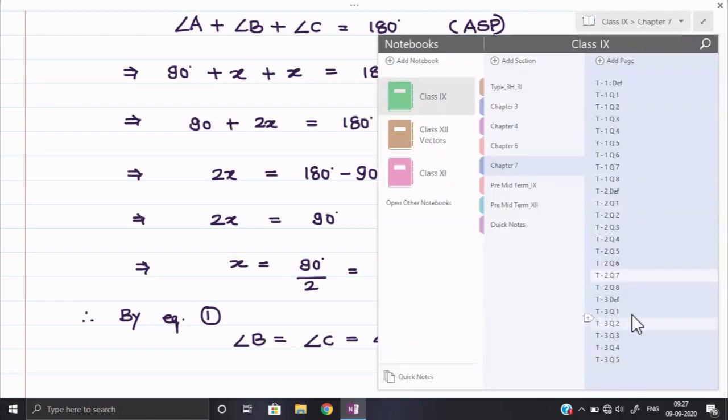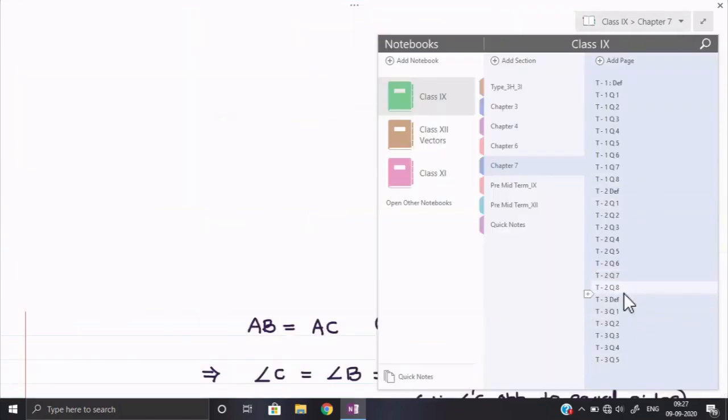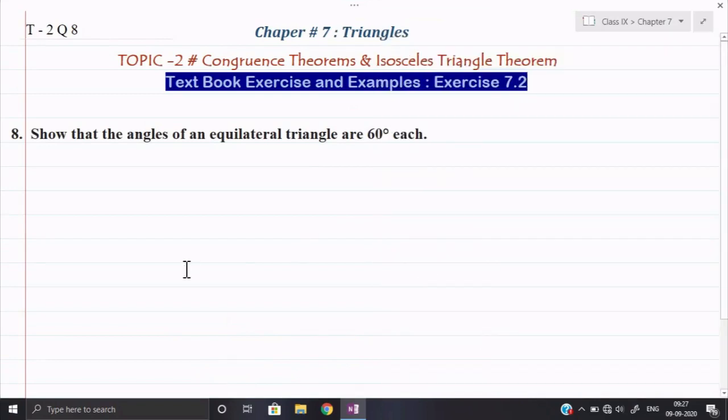So the last question I am taking is question number 8. See what they are saying. Show that the angles of an equilateral triangle are 60 degree each. Means we have to prove that all the angles of an equilateral triangle are 60 degree. Here we can suppose the triangle is equilateral and hence all its sides are equal.